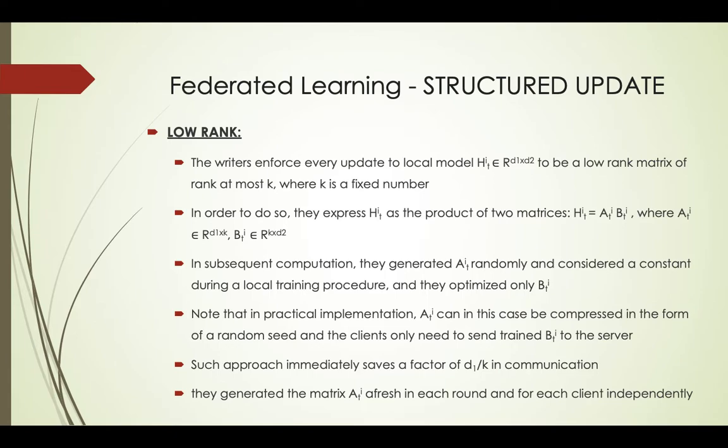In subsequent computation, they generated A_i^t randomly and considered it constant during the local training procedure, and they optimized only B_i^t. Note that in practical implementation, A_i^t can, in this case, be compressed in the form of a random seed, and the clients only need to send the trained B_i^t to the server.